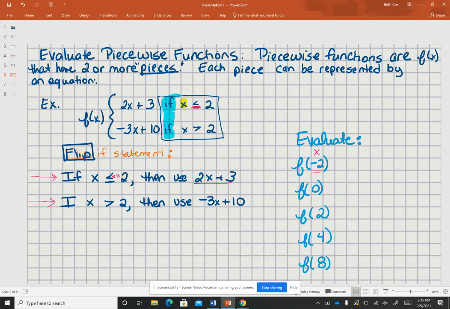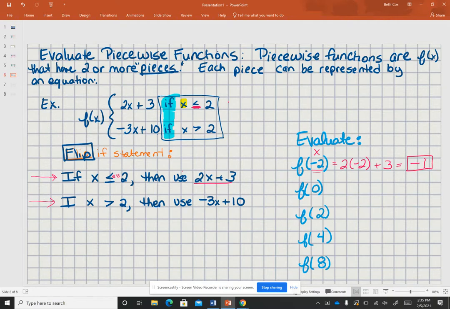Oh, well, the number I'm looking at is less than 2, so I'm going to use 2x plus 3. And so I'm going to plug in negative 2 into that 2x plus 3. And I'm going to get negative 4 plus 3, which is negative 1.